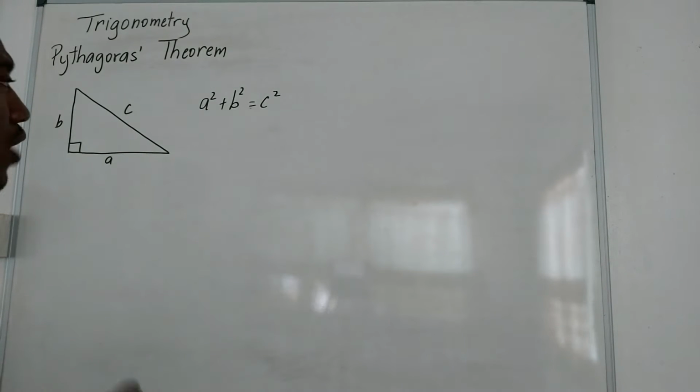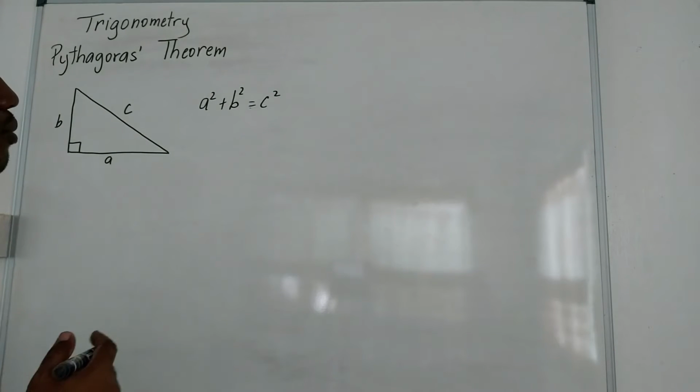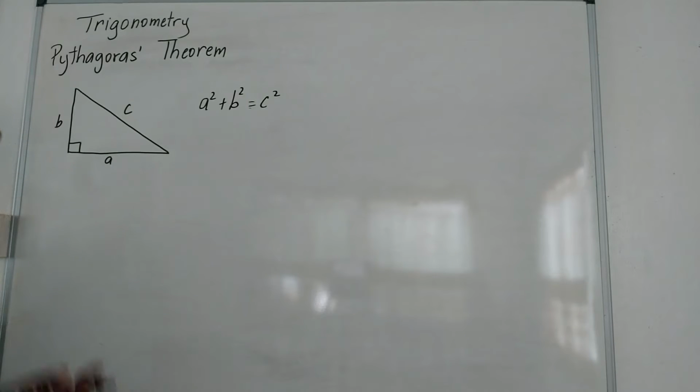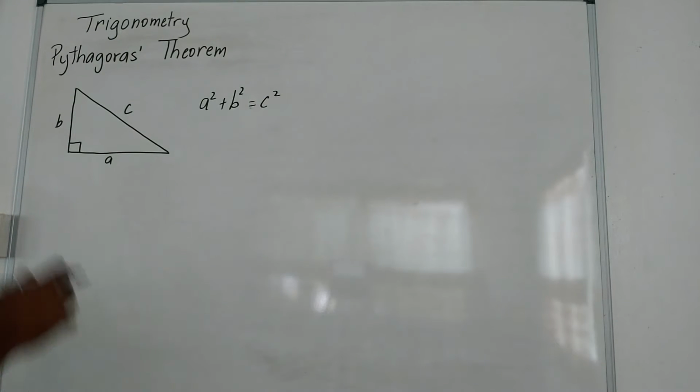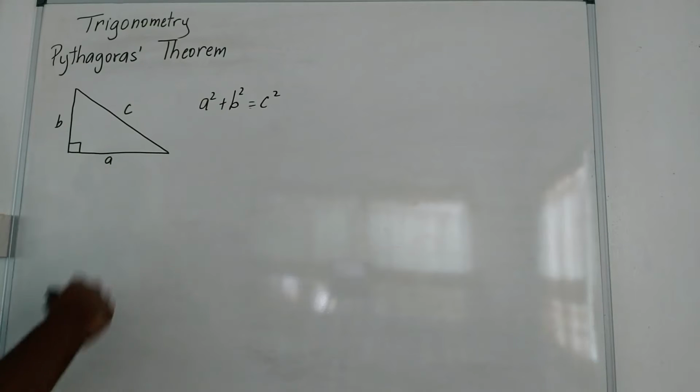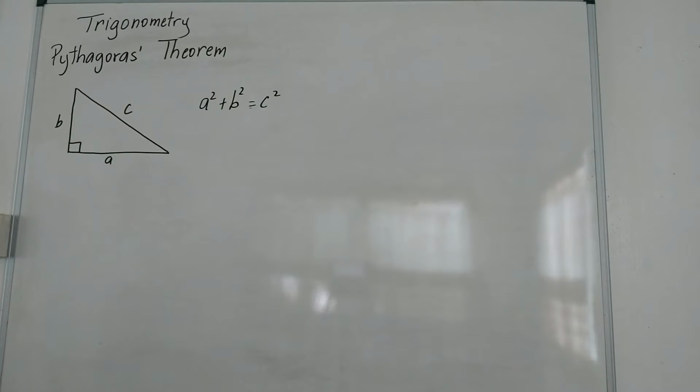From this observation, we can manipulate it to find the length of the hypotenuse, or the length of either side if the hypotenuse is known.